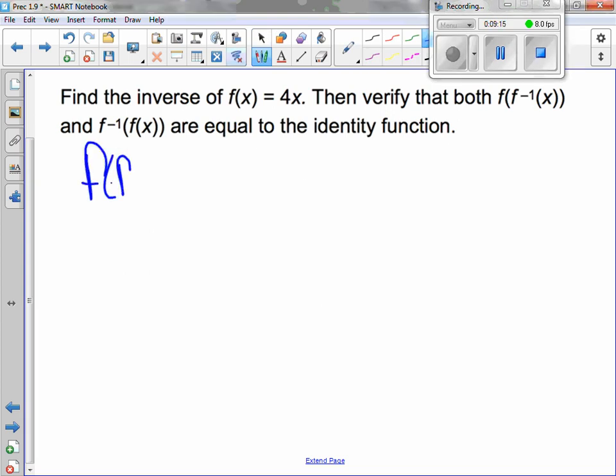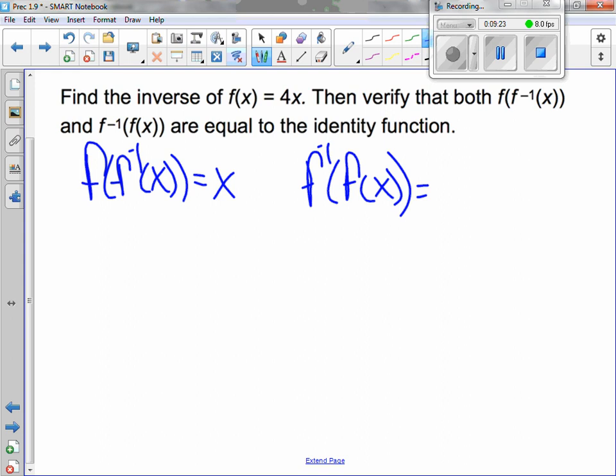So f of f inverse of x gave us x. Now we're going to look at f inverse of f of x. Well, f of x is just 4x, yes? Because I'm putting x into f of x. Doesn't really do a whole lot, so it seems weird.